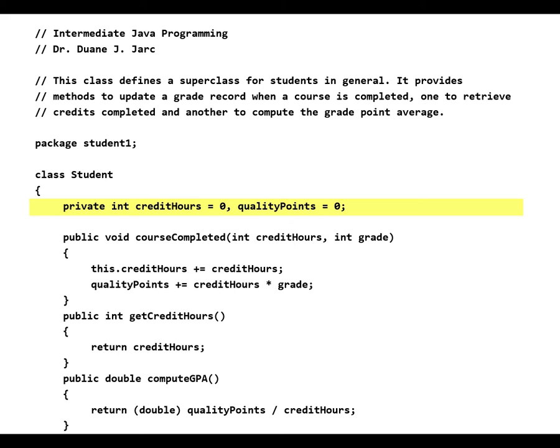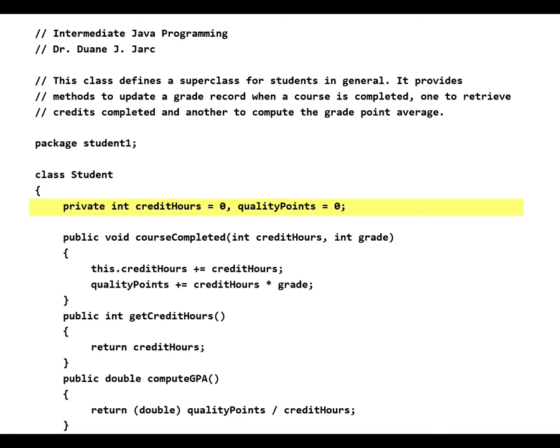Notice that both are initialized in their declarations, so an explicit constructor is not required. The default constructor will suffice. Even the initialization to 0 is just for emphasis because all instance variables are initialized to 0 by default.